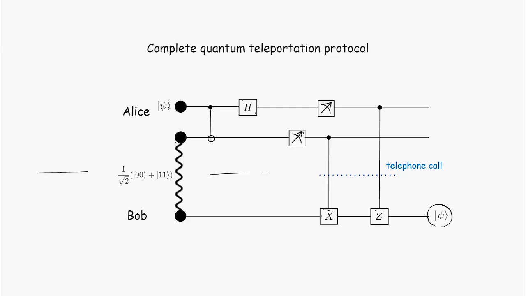Again, why does this work? Well, this CNOT followed by the measurement results in the first and the third qubit either being in the state alpha 0,0 plus beta 1,1 or alpha 0,1 plus beta 1,0.